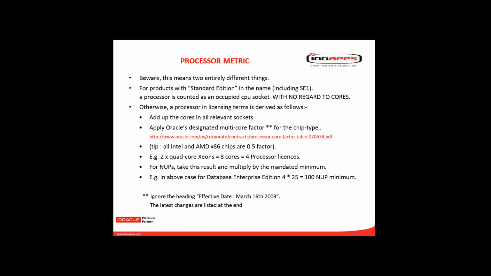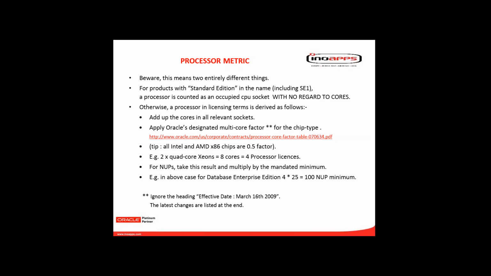This is quite generous, really, because in today's core-dense CPUs, we're not taking any account of that with standard edition products. We're just counting the occupied sockets in the machine. Of course, there's a rule that says standard edition can only be on a server whose maximum capacity is less than or equal to 4 sockets, and for SE1 it's less than or equal to 2 sockets. But you only pay for what's actually occupied.